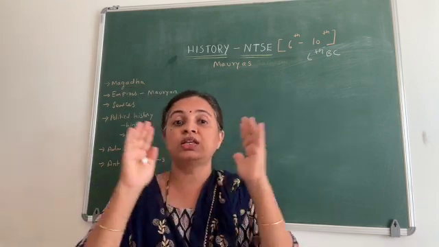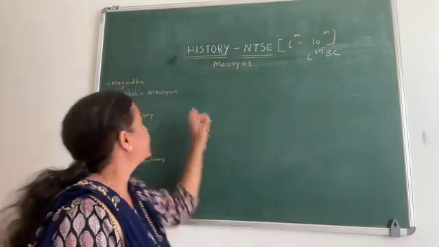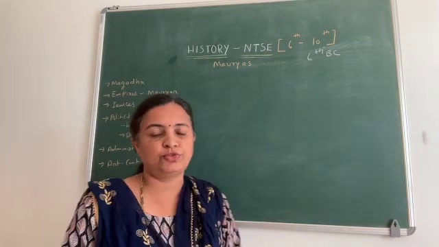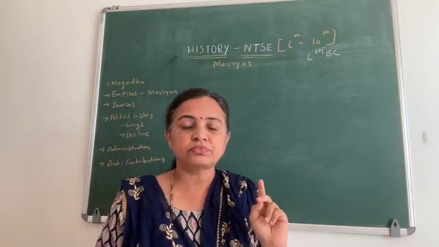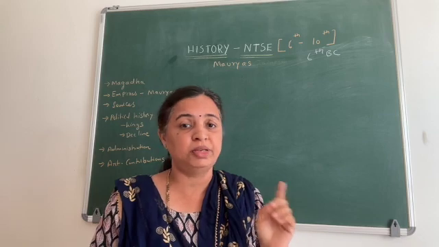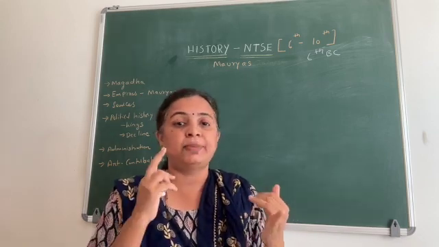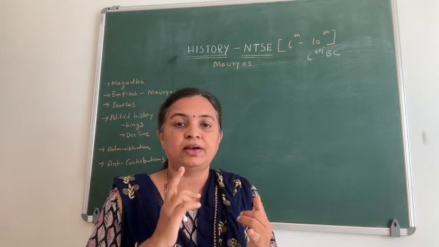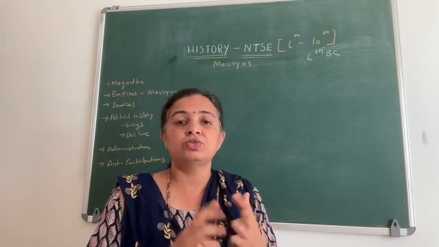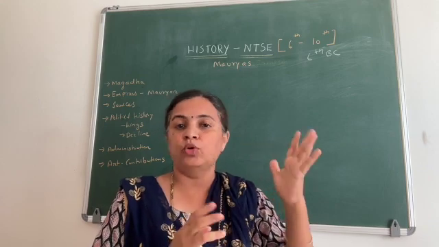Out of those 16 Mahajanapadas, Magadha became very powerful. Magadha was near the Bihar region, in the Rajagriha region, where it had plenty of iron and rivers, and it was fertile. So Magadha slowly became more powerful.